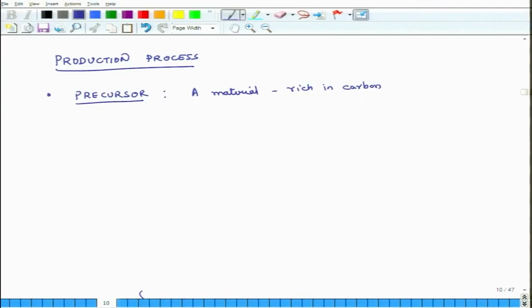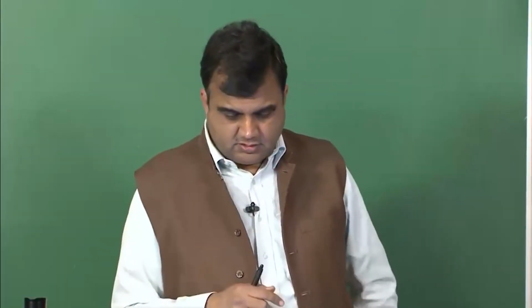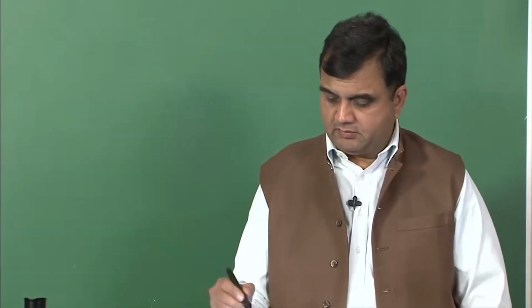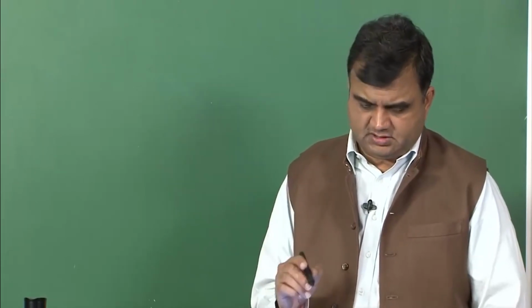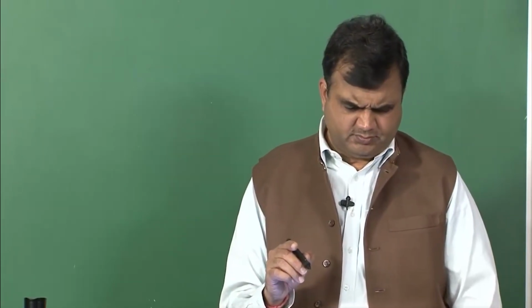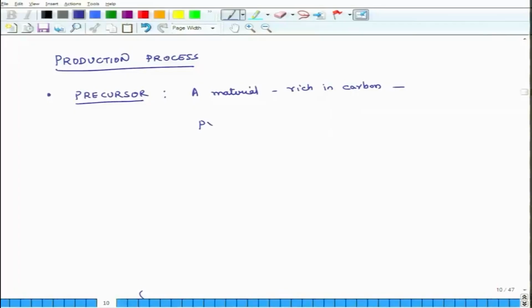And this material, when it is subjected to heat, somehow we remove all other elements and are left with only carbon. The way you remove all other materials and are left with carbon alone is through a process known as pyrolysis.